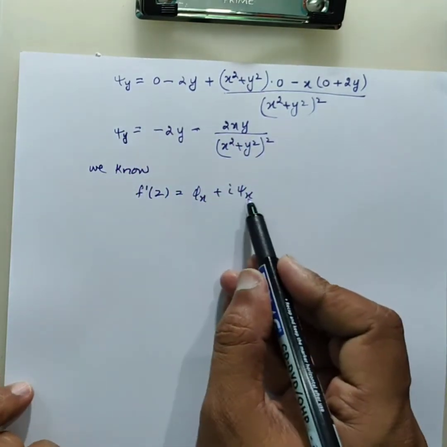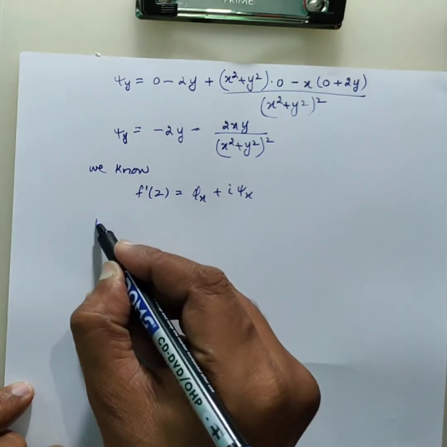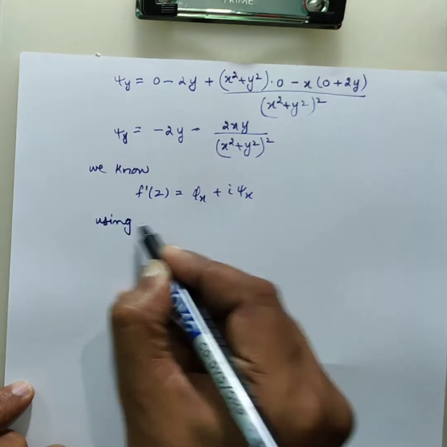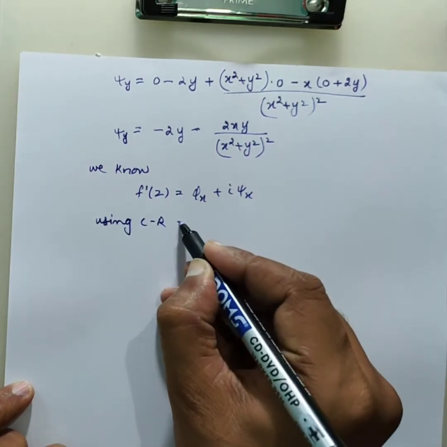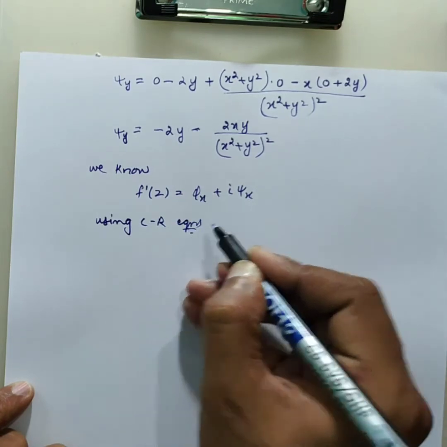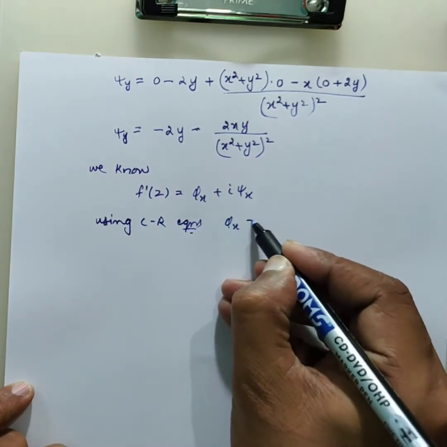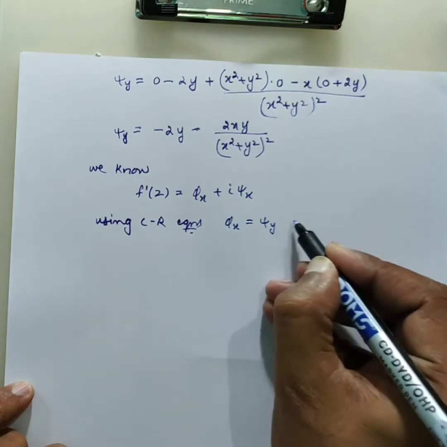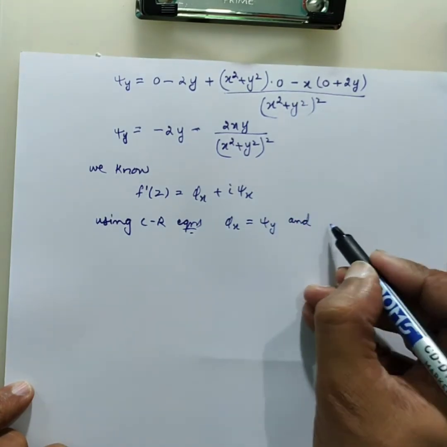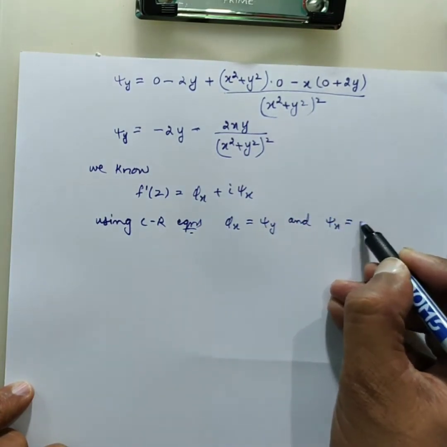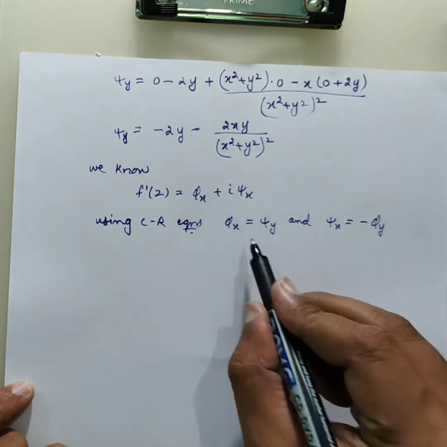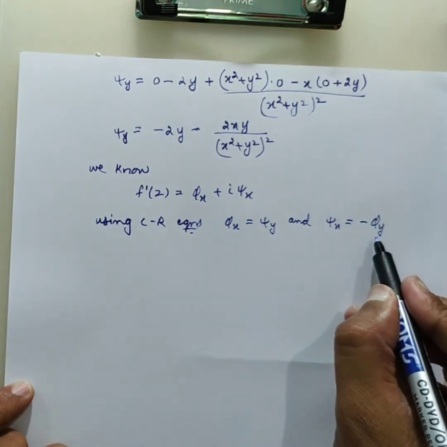So now we can rewrite this using the CR equations. So using CR equations, phi x is equal to psi y, and psi x is equal to minus of phi y. So these are the CR equations.